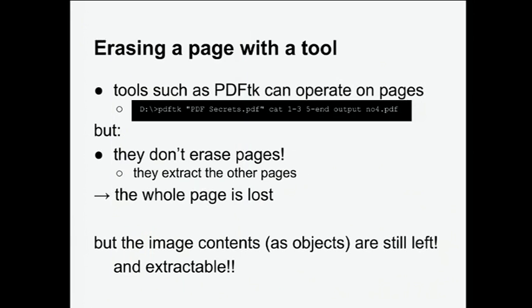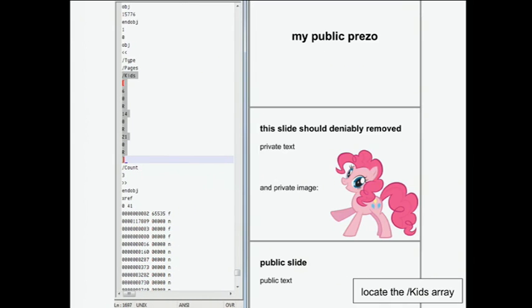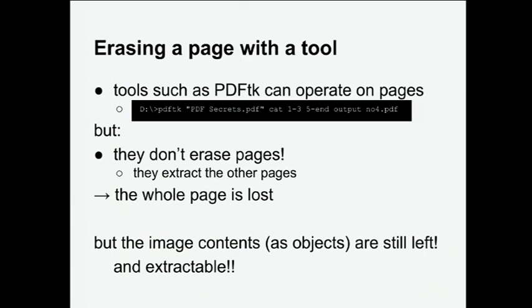An important thing is that when you use something like PDFTK and you want to remove page 4, they don't disable one page, they actually extract the other pages. So the objects defining the content of the page, like object 14 here, would be lost.